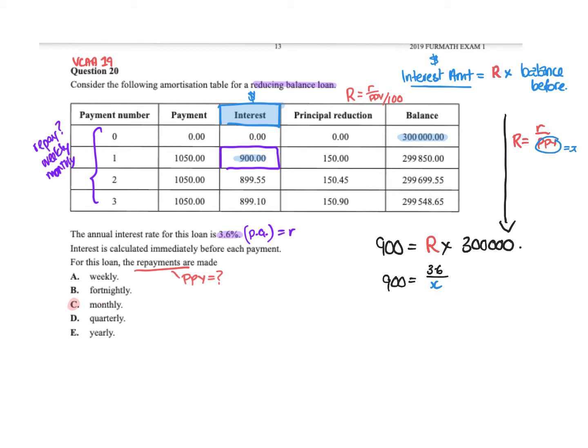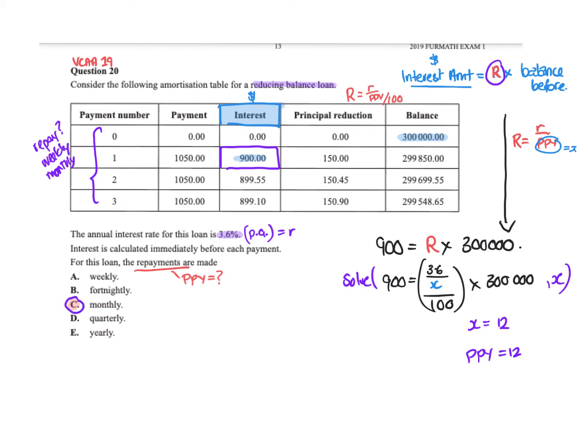So I'll put X, then over 100, and then times 300,000. Once I've got that set up, I can just go solve and comma X. And we'll end up finding that X equals 12. So therefore PPY equals 12. So what does that mean? That means it is monthly. And that's where we get that.